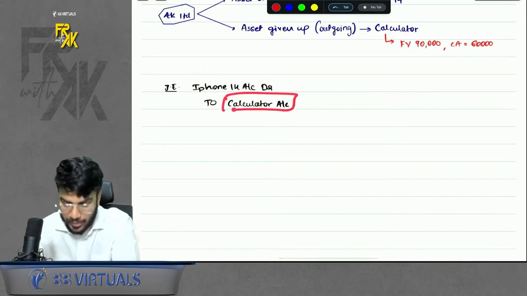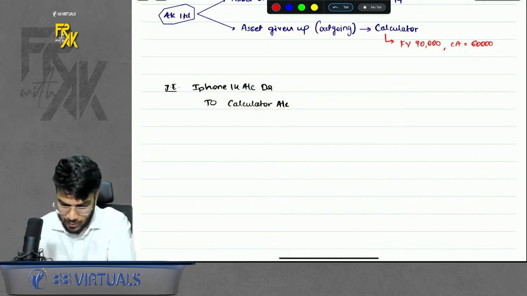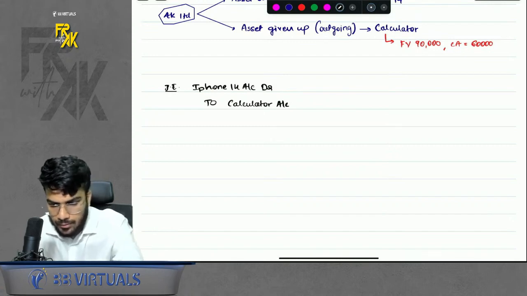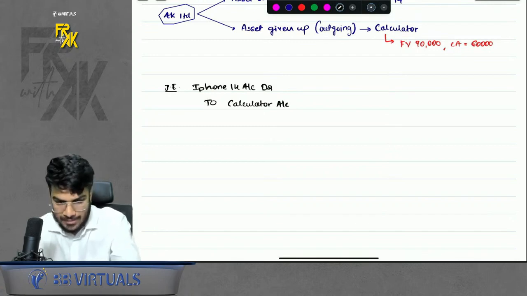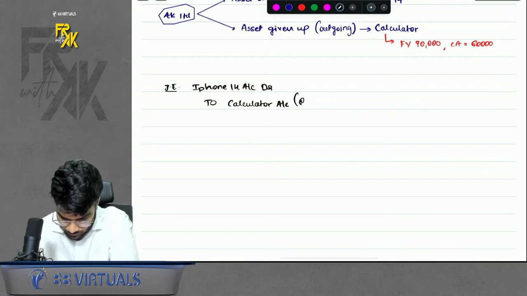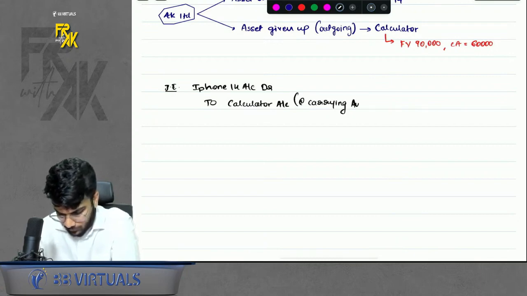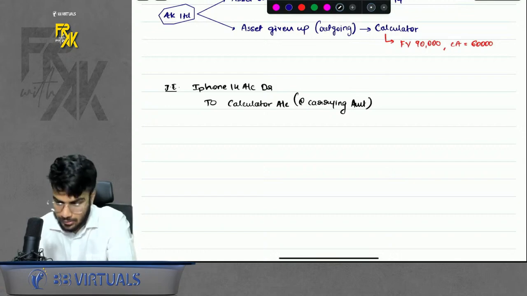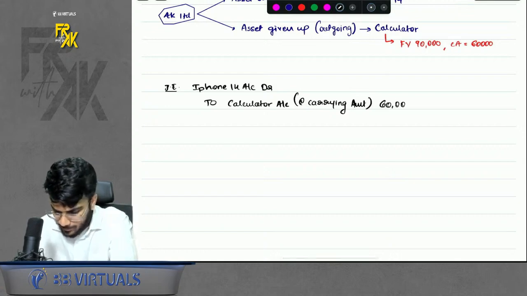It will always go out at carrying amount, in case you remember this point. So the outgoing asset will go out at carrying amount, that will be 60,000.